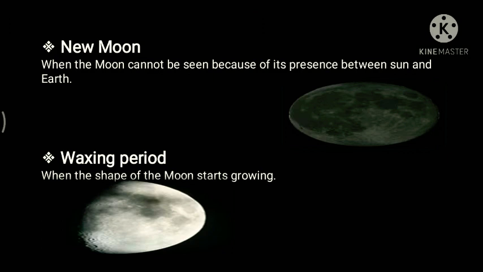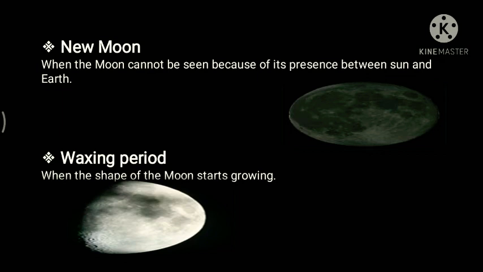When the moon cannot be seen because of its presence between the sun and Earth, that means the side of the moon facing Earth does not receive sunlight, so we cannot see the moon, and this is known as the new moon, or we also term it as Amavasya.